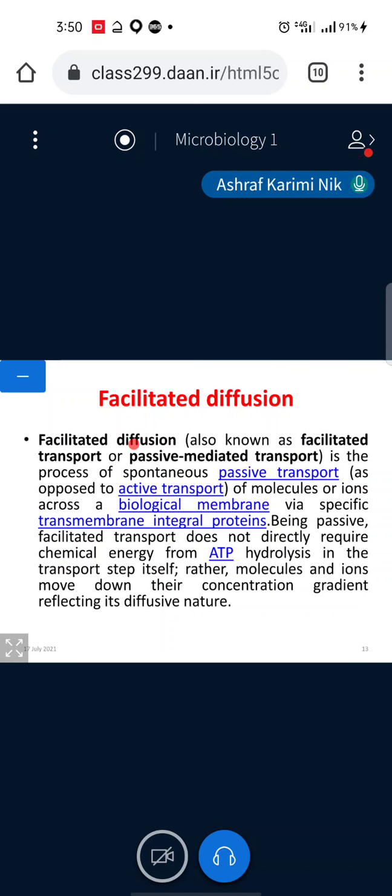Facilitated diffusion, also known as facilitated transport or passive mediated transport. There are many definitions for facilitated diffusion.